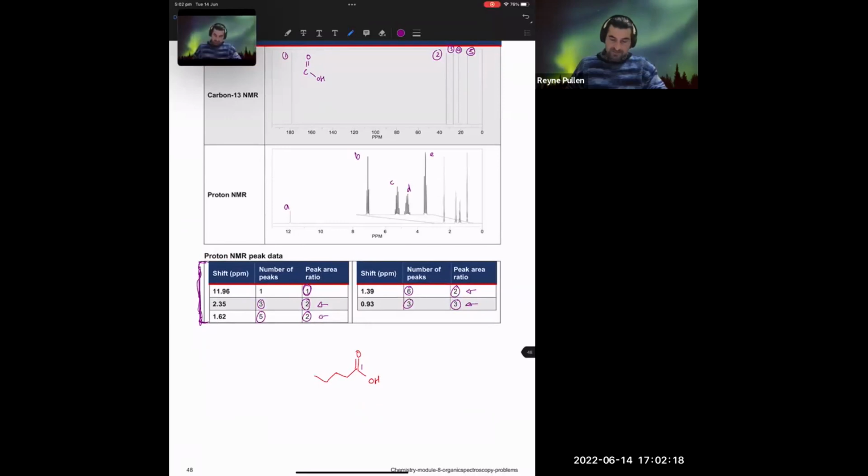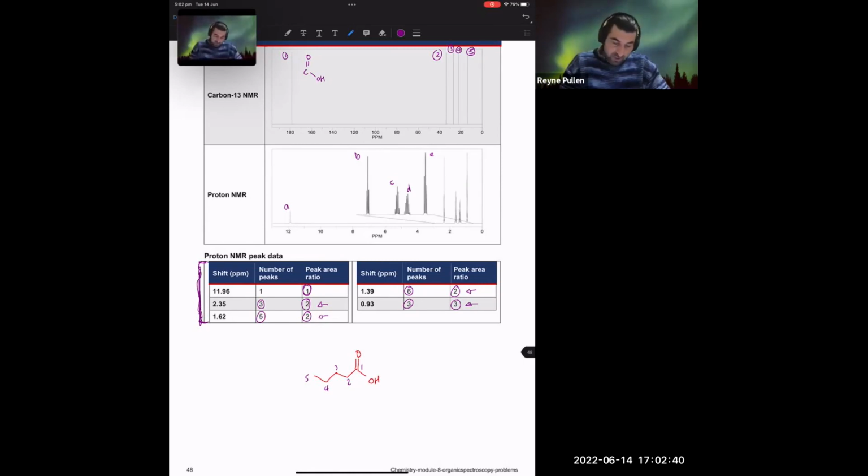And then, as I said before, we can think of the flow-on effect of the electronegative deshielding of the carboxylic acid to suggest that it's probably going to be 2, 3, 4, and 5. As we move further and further away, the influence of those electronegative oxygens will decrease.